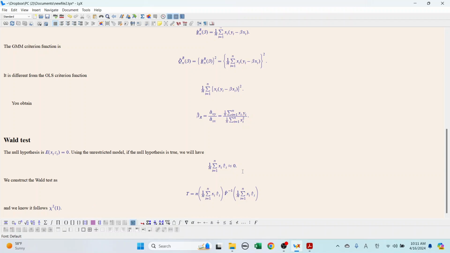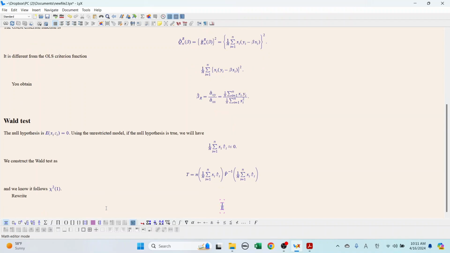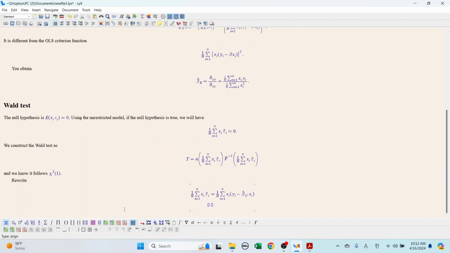Okay. And then the main problem is how to find the asymptotic variance, where we have to find that using this formula. So let's rewrite epsilon. This can be written as, obviously, epsilon hat is y_i minus the unrestricted beta times x.